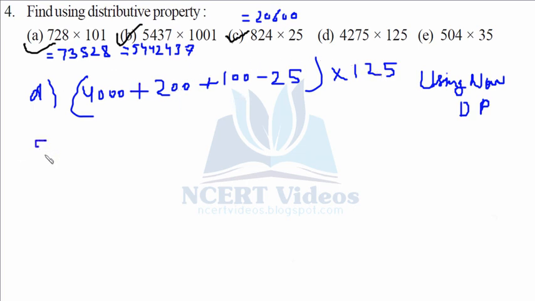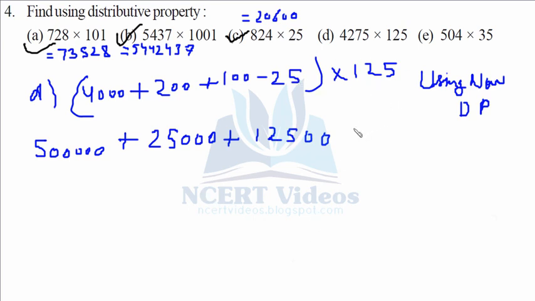So 4000 into 125 gives you 5 lakh, plus 200 into 125 gives you 25,000. Now simply add zeros to 125, and minus 125 into 25 is 3,125. Now when you add and subtract, eventually you get 534,375 as your final answer.